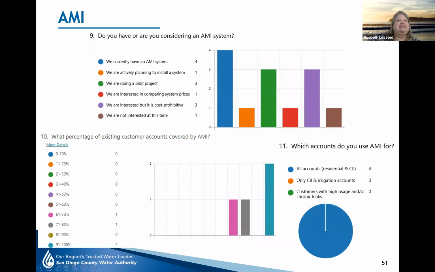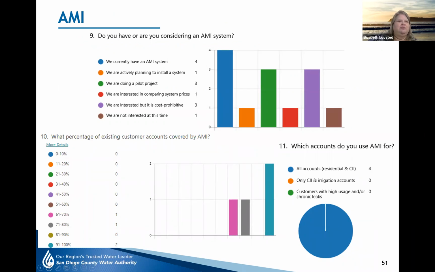This is the AMI system. Again, we saw that in the last survey as well. How many people have AMI systems? 4 people have it. One is installing one, and others have pilot projects. They're looking at prices. It's too cost prohibitive, and there's no interest at this time.